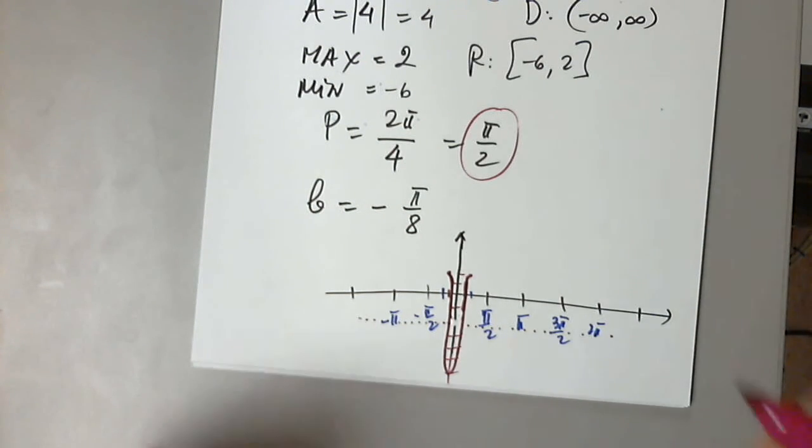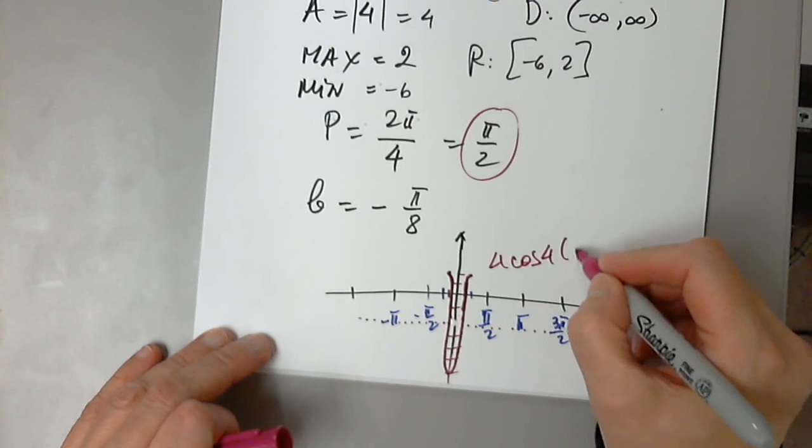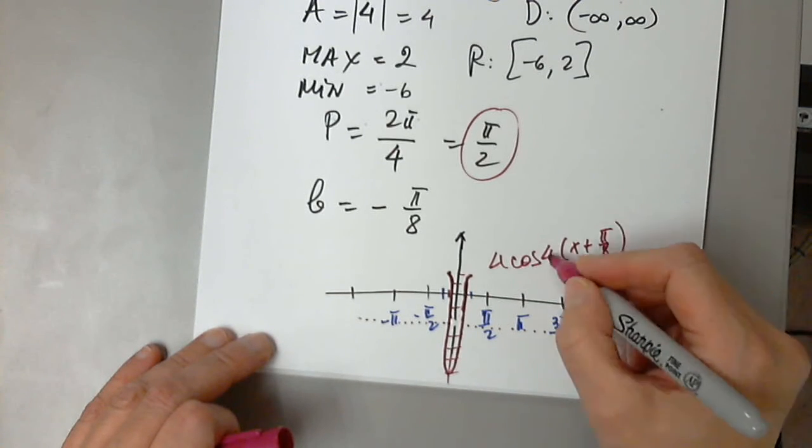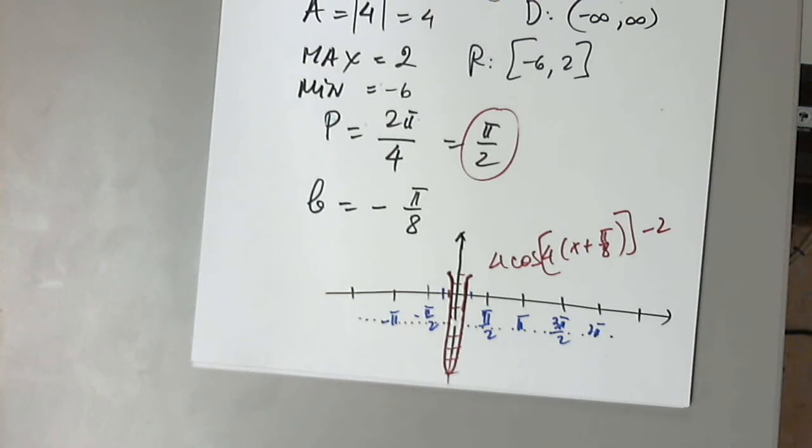So this is 4 cosine 4 x plus pi/8 minus 2. So let's punch it in. y equals 4 cosine, careful. I want to go back to radians.